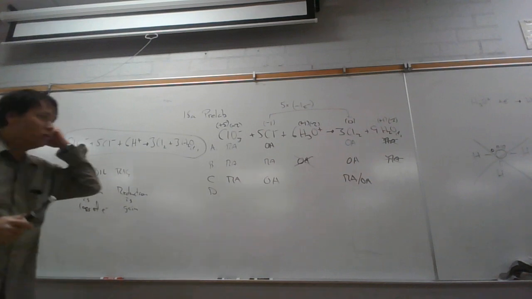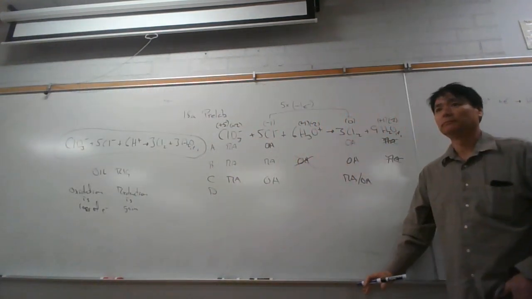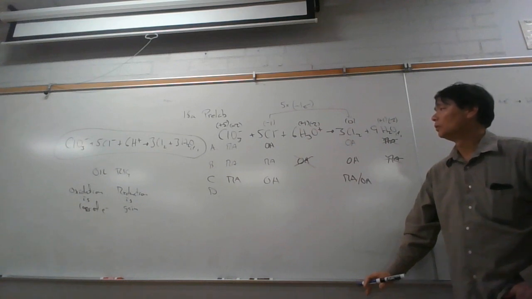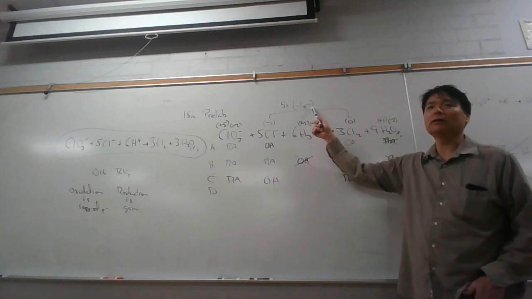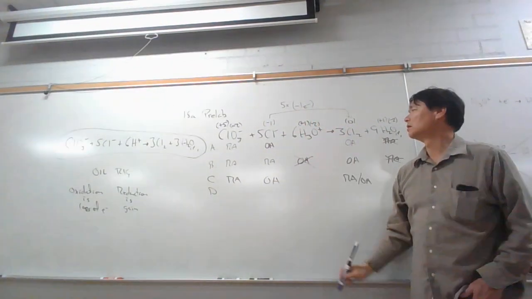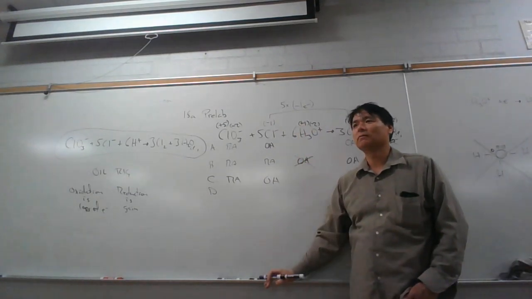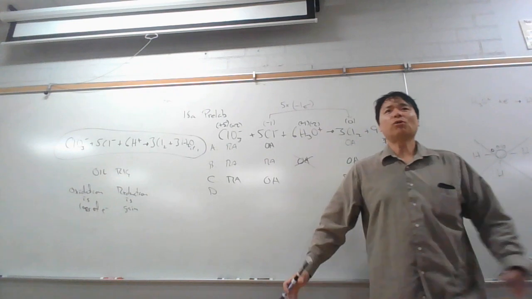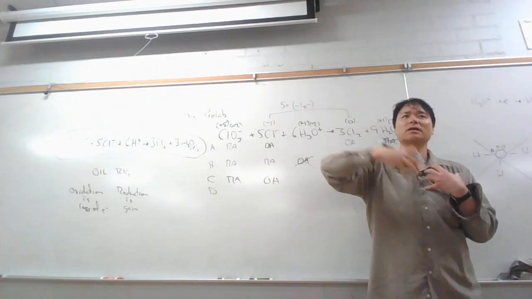And so who's undergoing oxidation here? Chloride. Chloride is undergoing oxidation because it's losing electrons. So oxidation is loss. We're losing electrons. Chloride's undergoing oxidation. So is chloride oxidizing itself, or is somebody else oxidizing chloride?